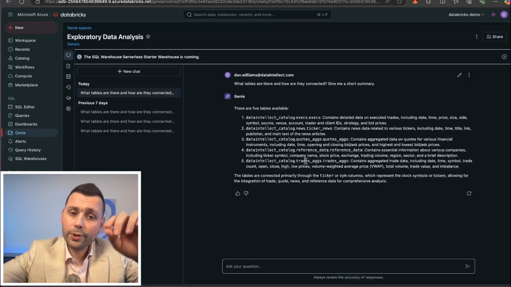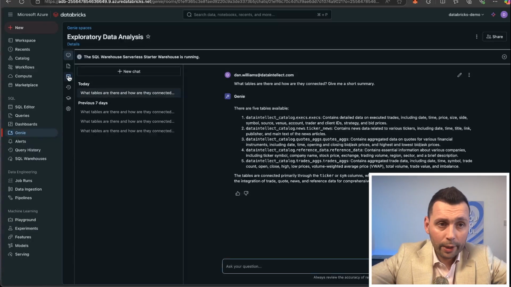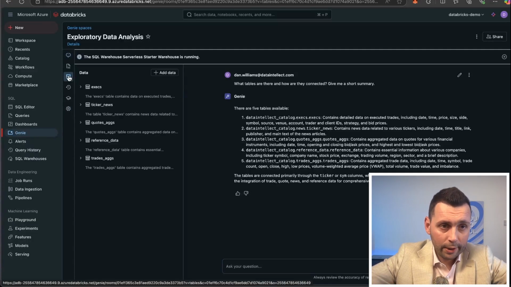Now, Genie is going to see all of our 5 tables. As you can see, it already understands that these tables are connected primarily through the ticker or symbol columns, which represent the stock symbols or tickers. It saw all of these tables: executions, ticker news, quotes, reference data, and trades. Okay. We can also see our tables on the left side here.